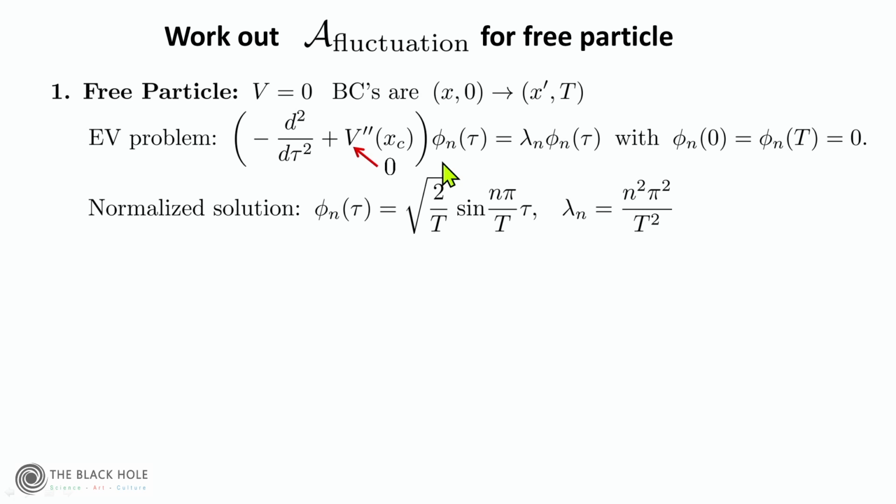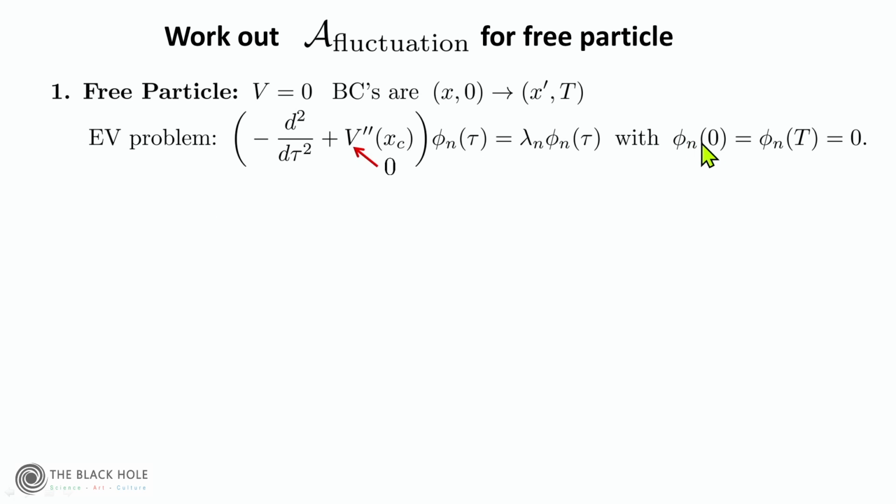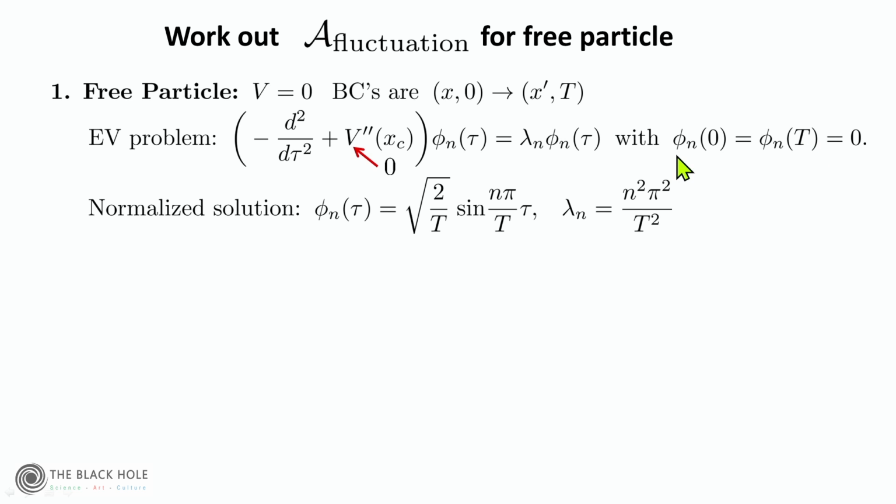And so with this condition that there is no deviation at the beginning, no deviation at the end, then every child can solve this problem. Minus d squared by d tau squared phi n is equal to lambda n phi n. And that's this thing. Just differentiate this twice.